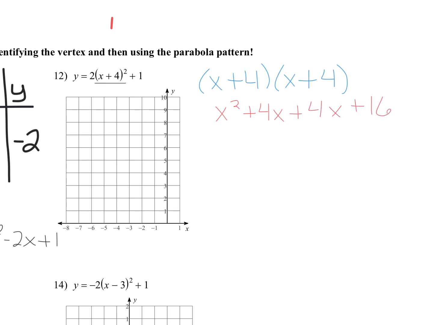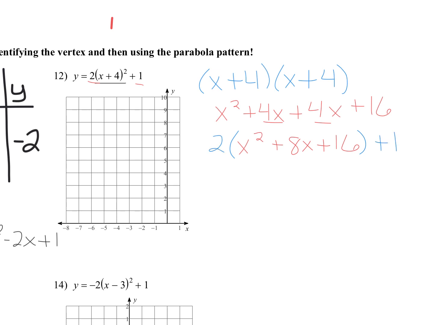And then what do we get from there? Plus 8x plus 16. Is that our final equation? No, because we still have this times 2 and plus 1.